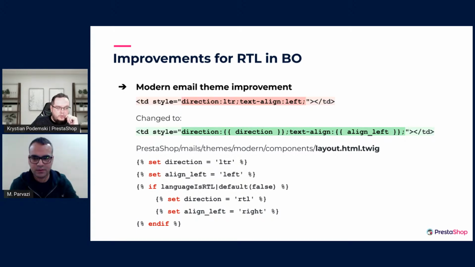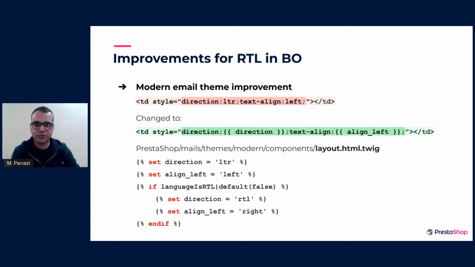Okay, sure, I can continue. So I tried to change the hard-coded rules for text direction and layout direction to Smarty variables, then use this code for setting the values for LTR and RTL. It's very simple.